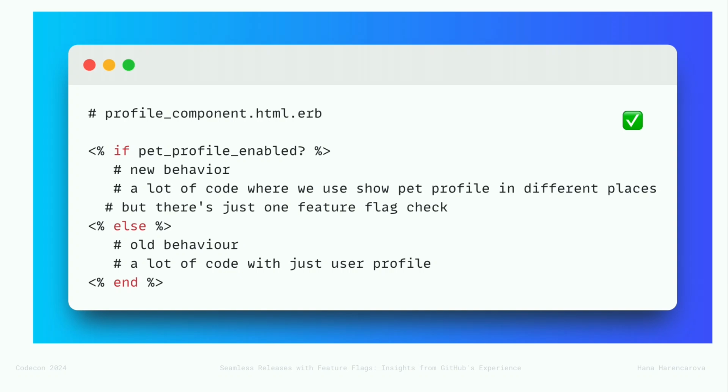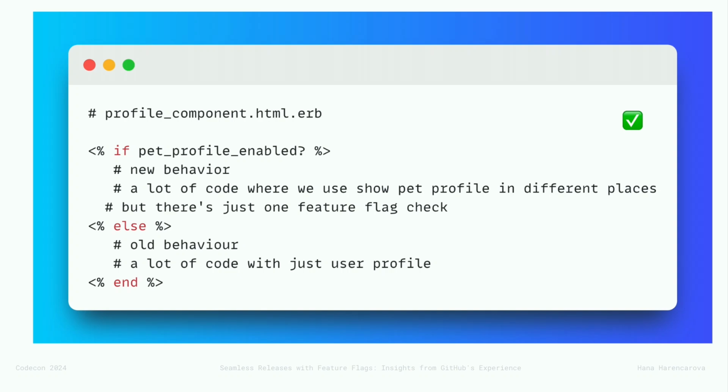If we are in a view, so HTML, ERB is a templating language for Ruby. And let's say that we have this big view. And if we want to change it in many places, right? We want to change a different profile picture. We want to add something to a description. We want to add some different buttons. So if we would do it in each of those places, again, it could happen that it will be harder to understand because you have to go in and check all of those.